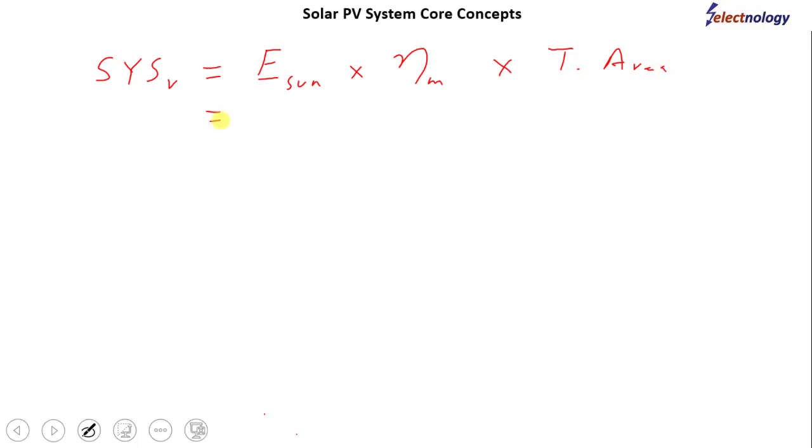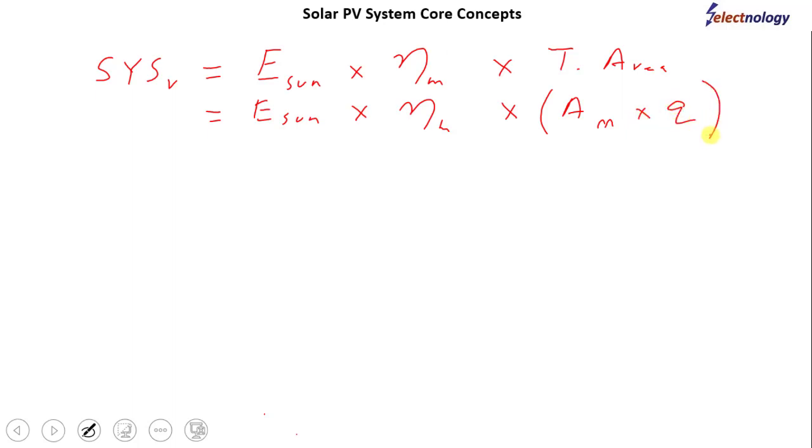This can be further written as E sun, the sun energy, which is 1000 watt per meter square as we discussed, and efficiency of one module specified by the manufacturer, into total area. We can write this as area of one PV module into quantity of PV modules.